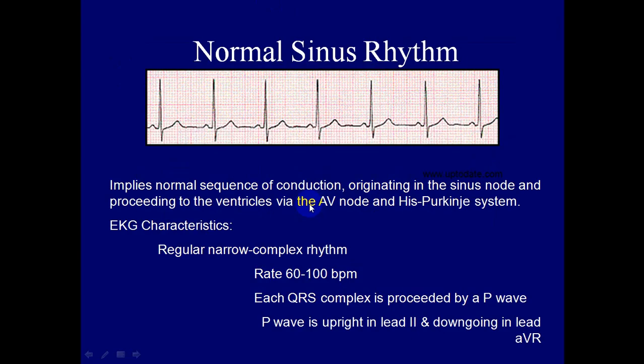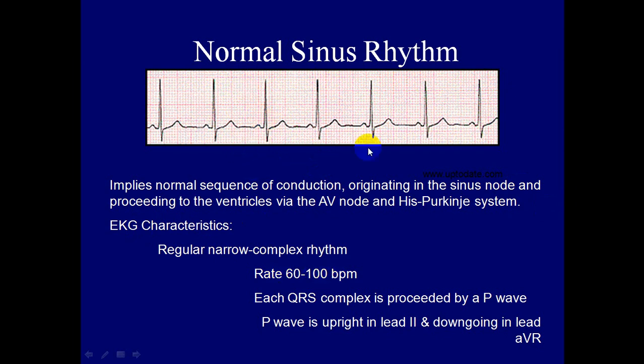Normal sinus rhythm implies a normal sequence of conduction originating in the sinus node, the natural pacemaker of the heart, proceeding to the ventricles via the AV node and the His-Purkinje system. ECG characteristics: a regular RR interval, a narrow complex with QRS width less than 3 small squares, and a rate between 60 and 100.